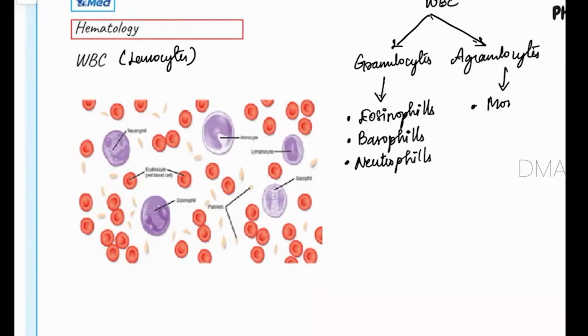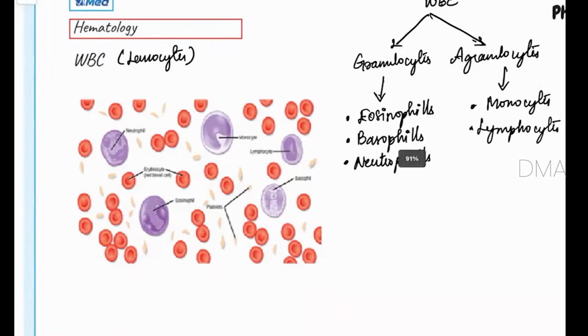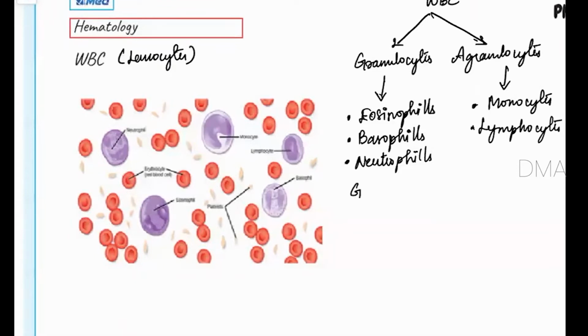Agranulocytes include monocytes and lymphocytes. Granulocytes means they have granules, and the nucleus has lobes.